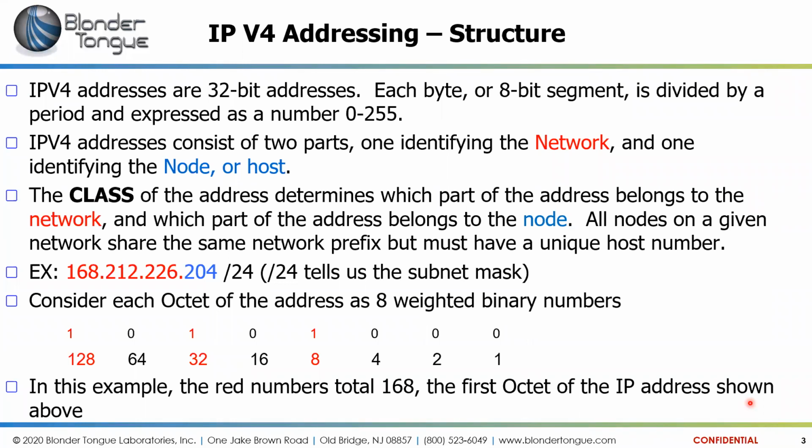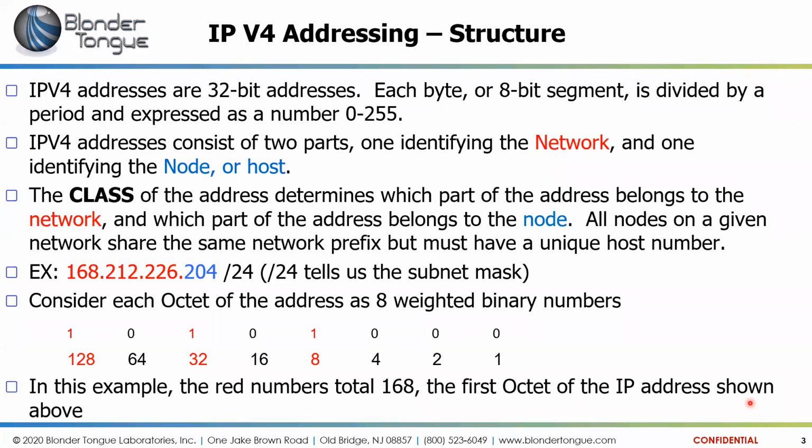So consider each octet of the address as 8 weighted binary numbers. We're going to break down this 168, the first group in the address. You can see here, I've made 8 different choices and weighted them from the right as 1, 2, 4, 8, all the way up through 128. That's basically how the binary system works.